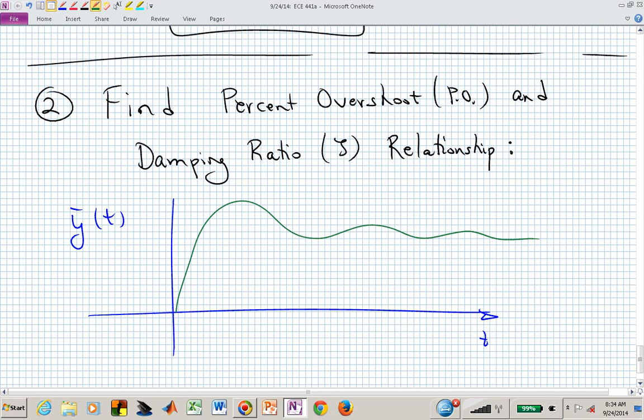We're doing y bar to help with the derivation, but in reality you're going to have y of t, and you can find the same percent overshoot in y of t. It's exactly the same as in y bar of t. We know this occurs at t sub p. This value is y bar of t sub p, and eventually this goes to some y bar final value. We're actually going to show that that's equal to 1, and this we might call just y sub bar peak.